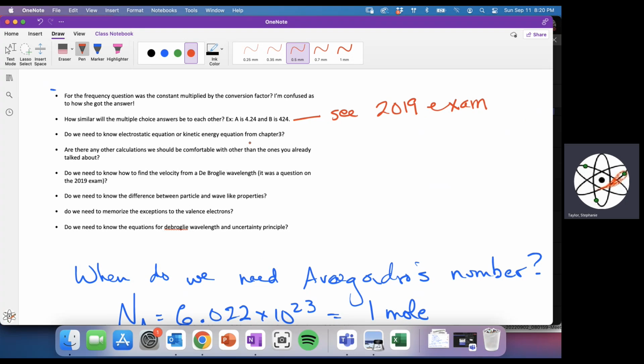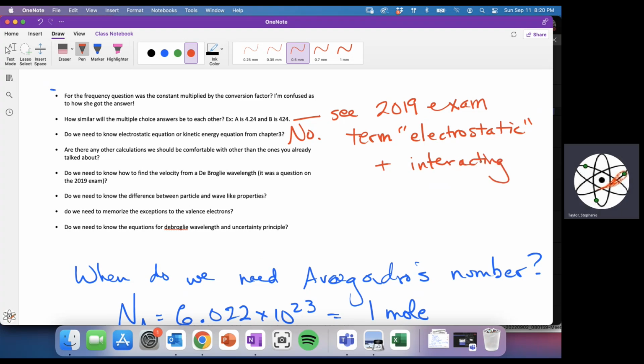Do we know the electrostatic equation or the kinetic energy equation from chapter 3? No. You should be comfortable with the word electrostatic. If the term electrostatic bothers you, this is really just referring to positive charges interacting with negative charges.